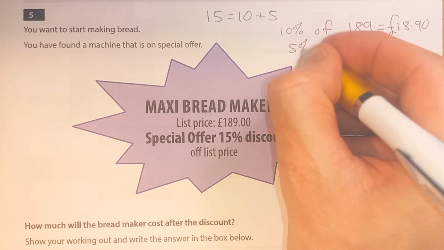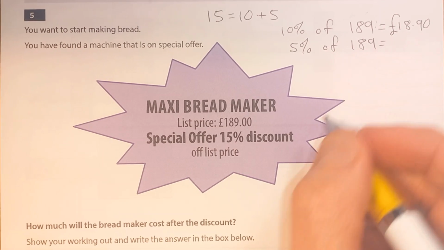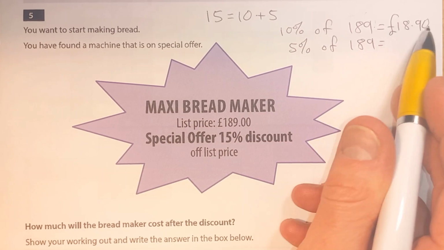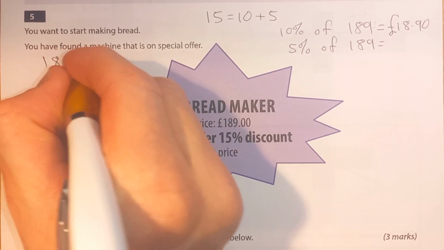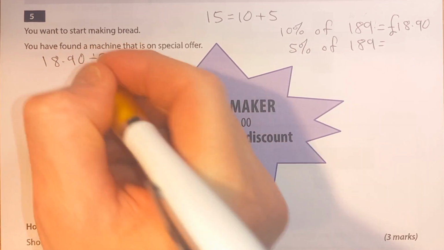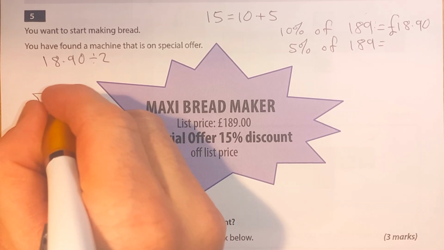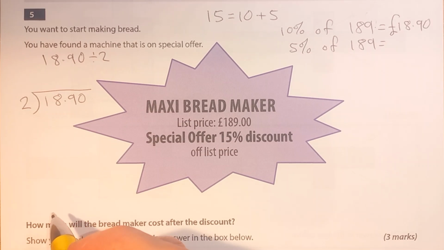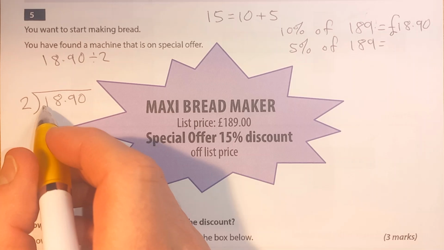If we want 5% of 189, well, 5 is half of 10, so we want half of 10%. So we want £18.90 divided by 2. We can do this using the bus stop method. Does 2 go into 1? No, because 2 is bigger than 1.